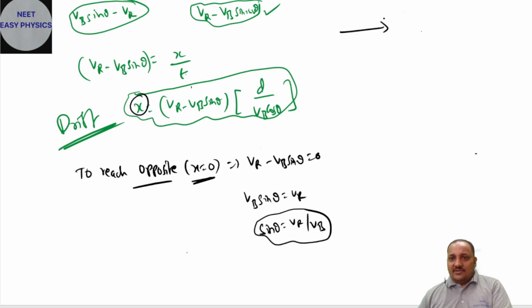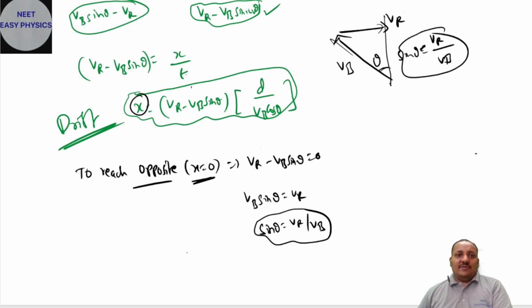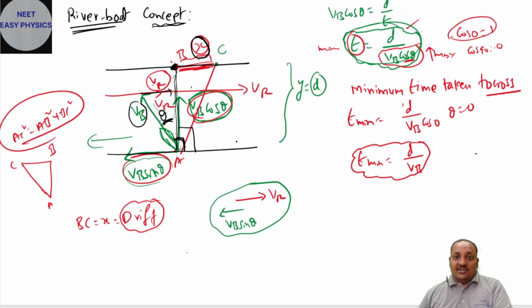So with how much angle it has to be started: velocity of river by velocity of boat. Velocity of river is in this direction, velocity of boat started like this. With the vertical, sin theta is equal to opposite side by hypotenuse, VR by VB. You will get problems on this concept: with what angle it has to be started, with horizontal or vertical. With the vertical we are getting theta; with the horizontal we have to do 90 plus theta.